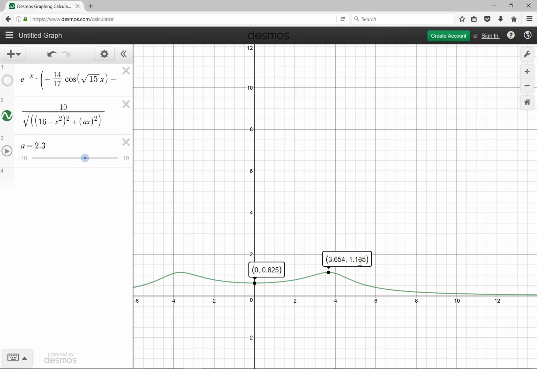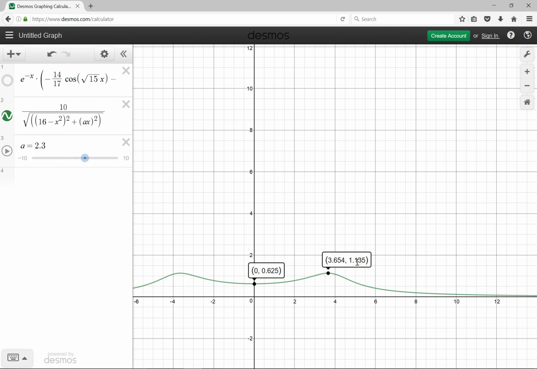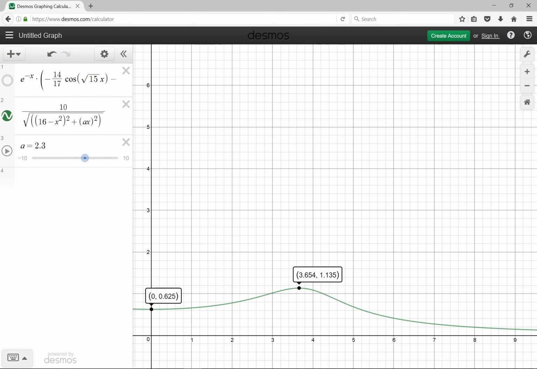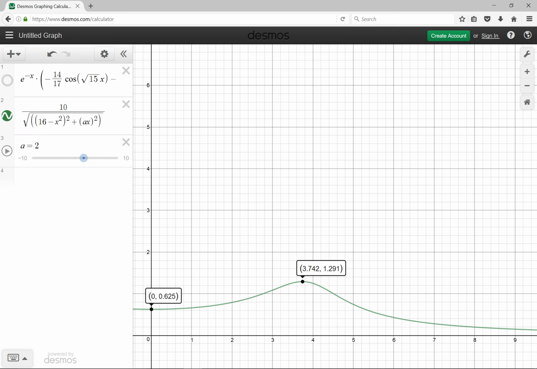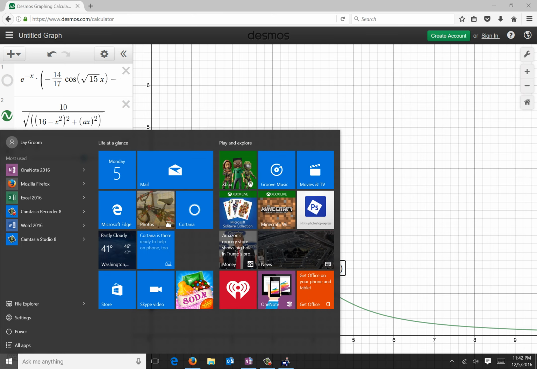And of course, this is what our new amplitude would be. So what I ended up doing, because, well, that's what I do, put it back to 2. And notice it says if you drive it at 3.742, we should achieve this asymptote, or not asymptote, amplitude.